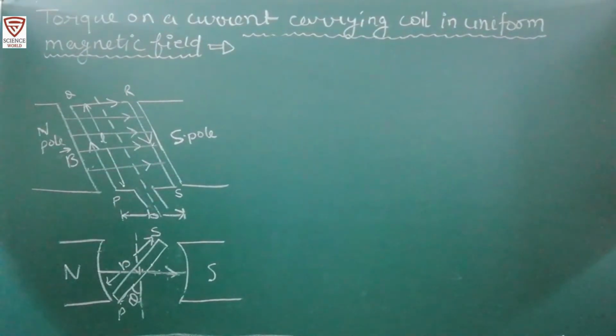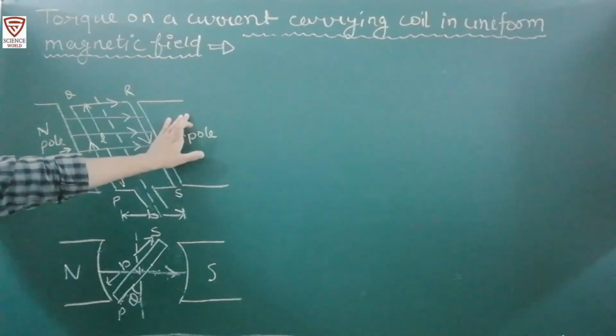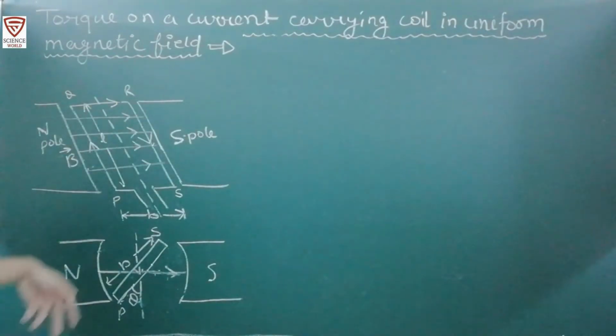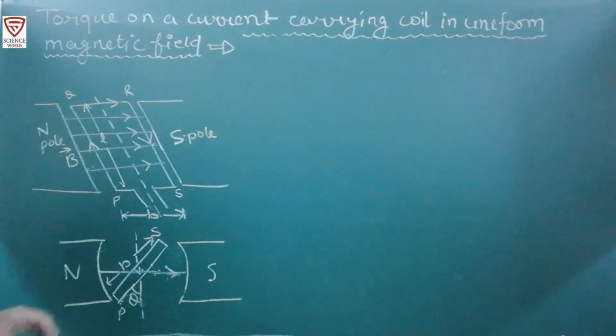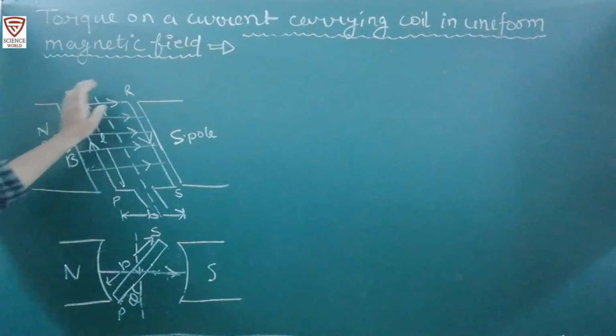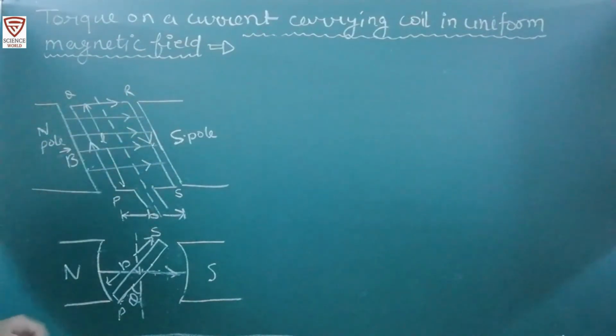So students, now consider we have two poles of a magnet, N pole and S pole. The direction of the magnetic field will be from N pole to S pole. Also we have suspended a coil PQRS between these poles.